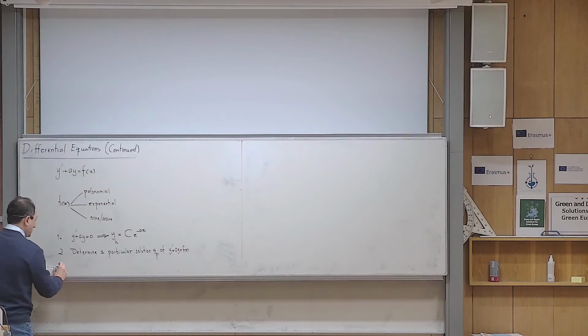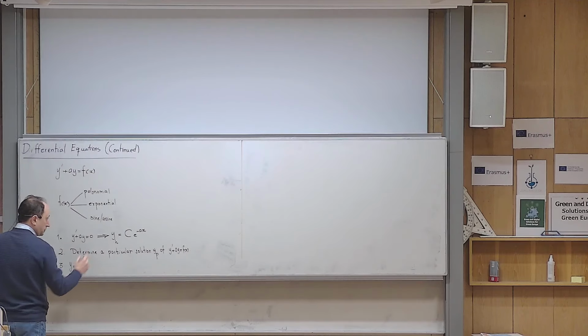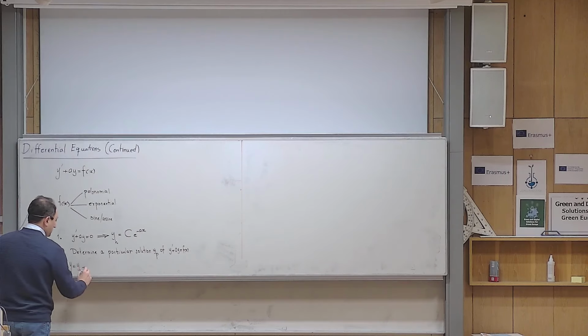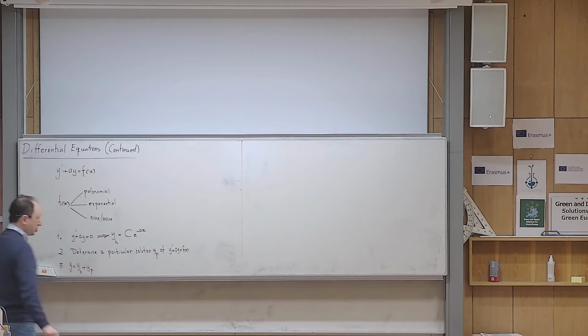And number three, the general solution of this equation that I'm looking for becomes y sub h plus y sub p. So this is the algorithm that we want to use. The first part is always the same. The last part is just adding the answers from the first and the second. So the problematic thing in this algorithm is just number two.